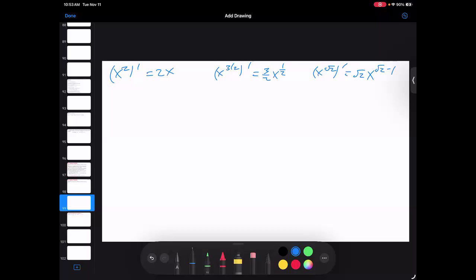But now I want to see your logic. So we take the limit as h goes to 0 of f of x plus h minus f of x over h. I should have done these all in different colors. So for this one, x plus h squared, can we expand what x plus h squared is? Yeah. How do we do that?